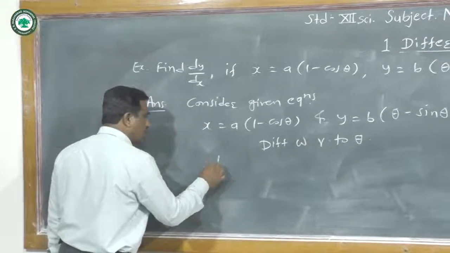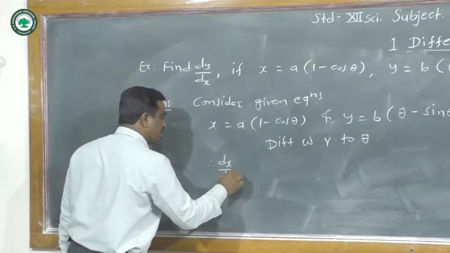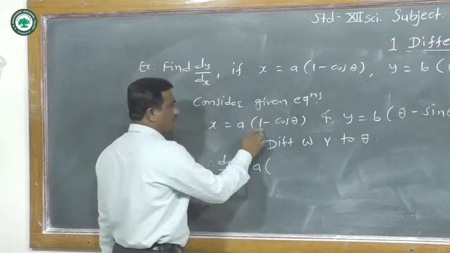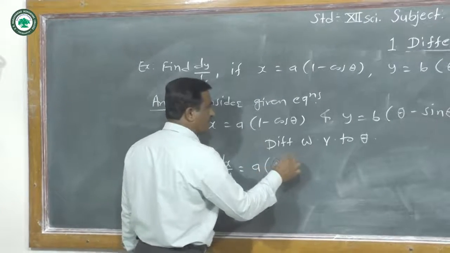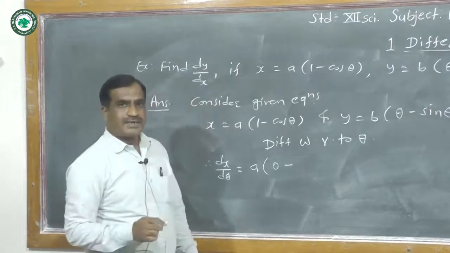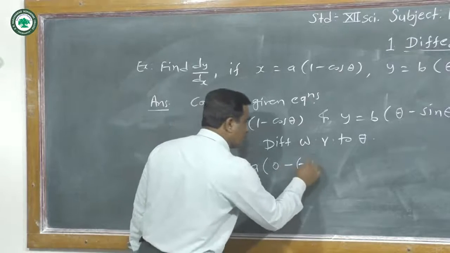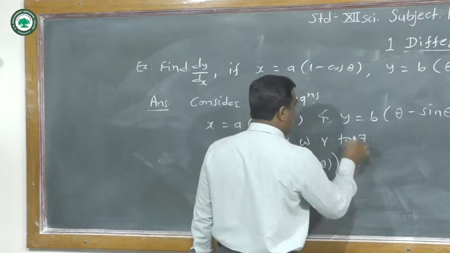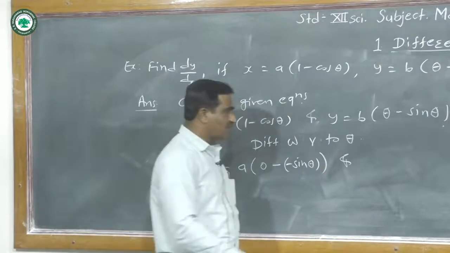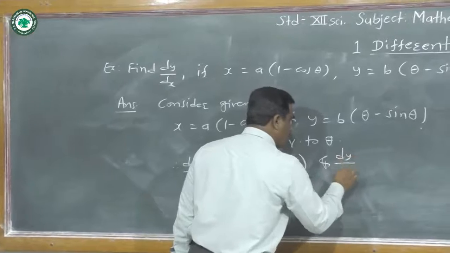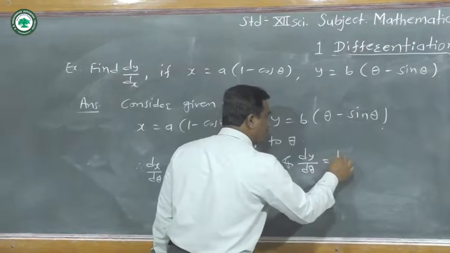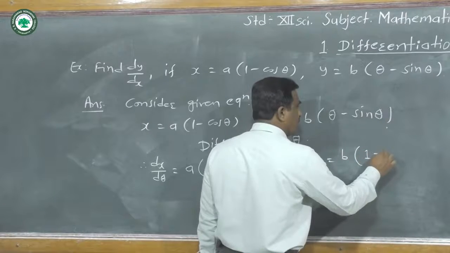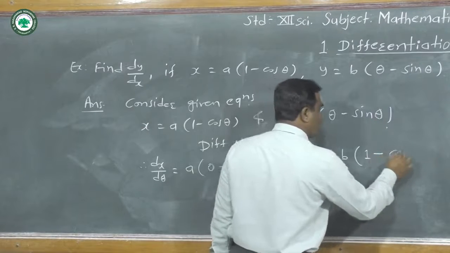Therefore, derivative of x, dx by d theta equal to a, a is a constant term, into derivative of 1 is 0 minus derivative of cos theta is minus sin theta, and derivative of y with respect to theta, dy upon d theta is equal to b into bracket derivative of theta is 1 minus derivative of sin theta is cos theta.